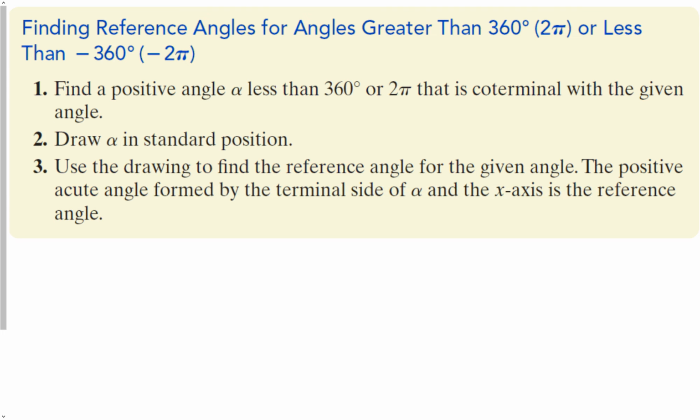So our steps to find reference angles for angles that are greater than 360 or 2 pi, or less than negative 360 or negative 2 pi: find a positive angle less than 360 or 2 pi that is coterminal with the given angle, draw it in standard position, and then figure out the reference angle using the technique we just figured out, depending on what quadrant it is in.